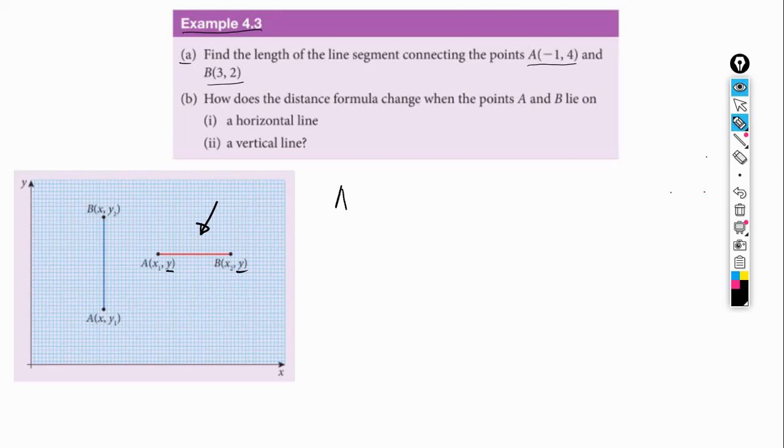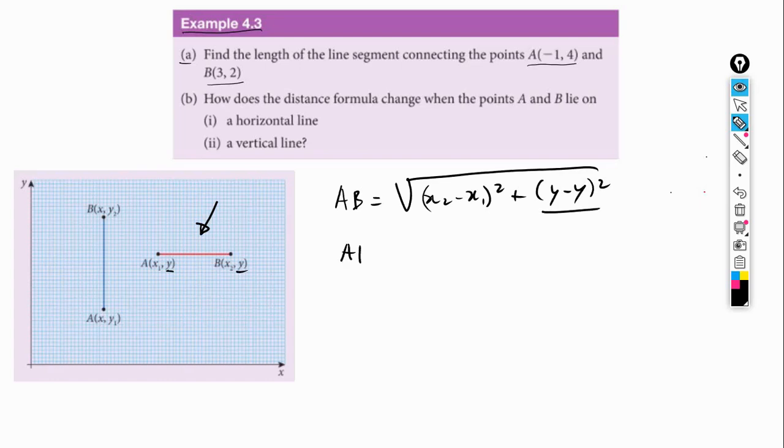So we would have that distance AB is equal to the square root of (x2 minus x1) squared, plus (y minus y) squared. Now notice that this is just going to give us 0. Therefore, AB is equal to the square root of (x2 minus x1) squared.